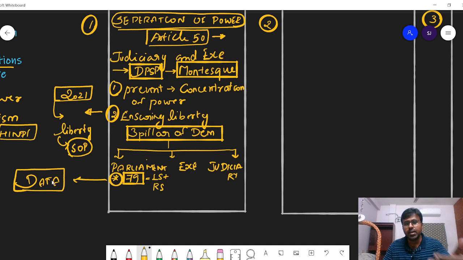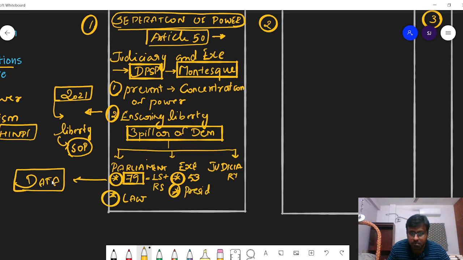But when you are writing parliament, here you have to say it is a lawmaking body. Next, the executive. Article 50, and here you write president and officers subordinate to them.